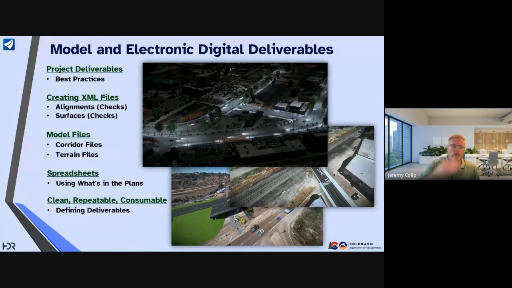Again, that goes to how we create our XML files, our model files. What model files are we giving? What terrain files are we giving? Making sure those files are clean, the same, repeatable and consumable. Consumable, I mean that they're files the contractor can easily take and utilize. So that's really what those things mean.